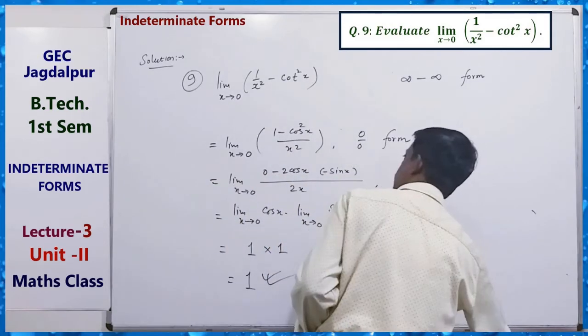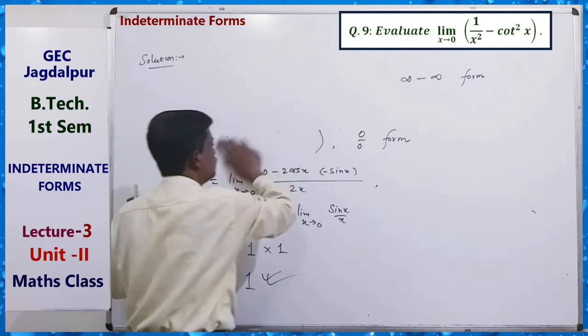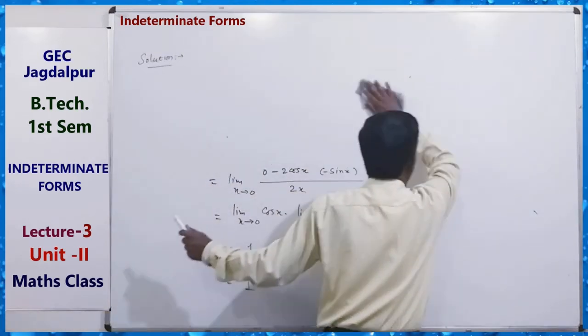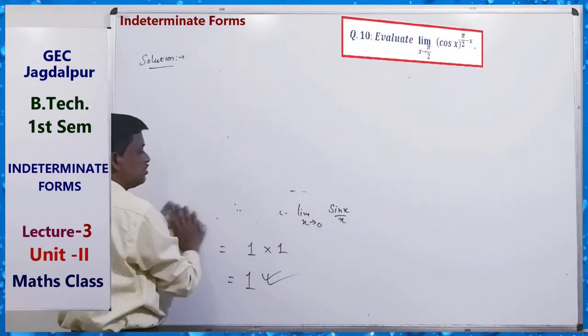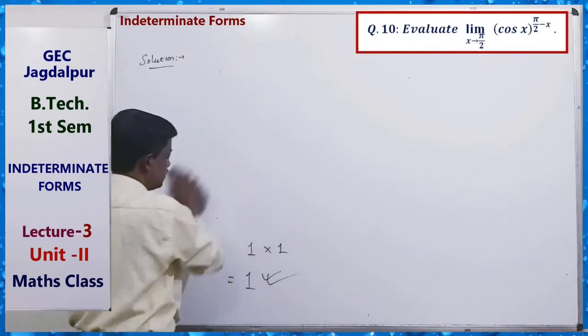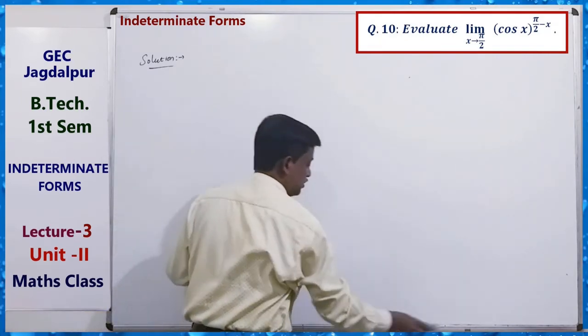Now the next form. What is the next form? The next forms are 0 to the power 0, 1 to the power infinity, and infinity to the power 0. So take a question from this form.